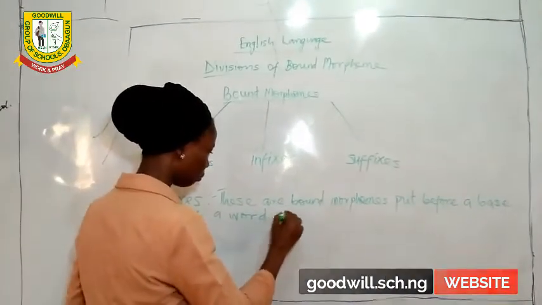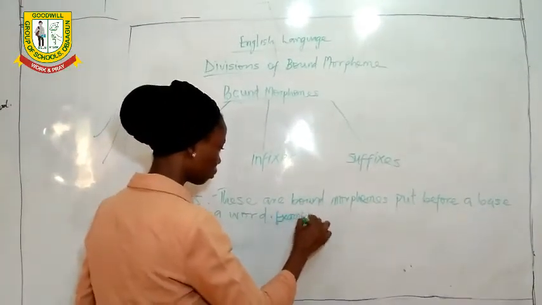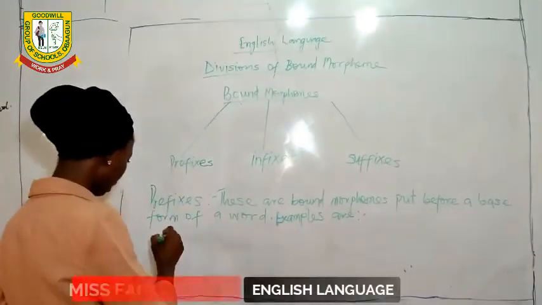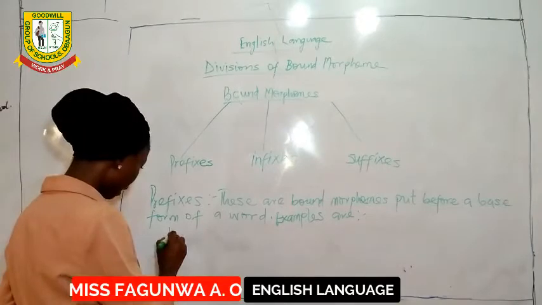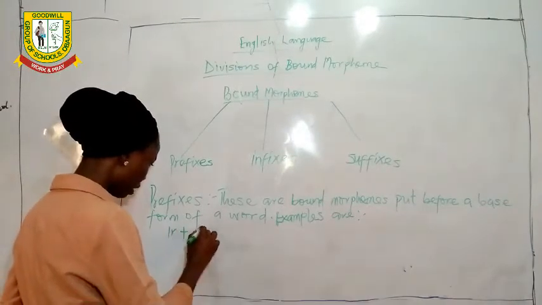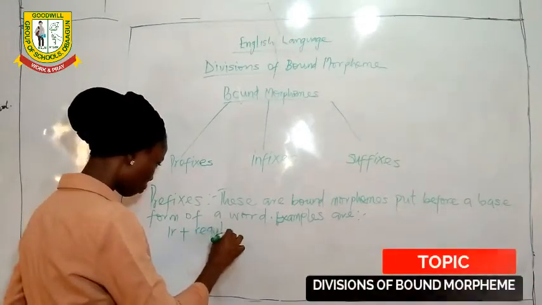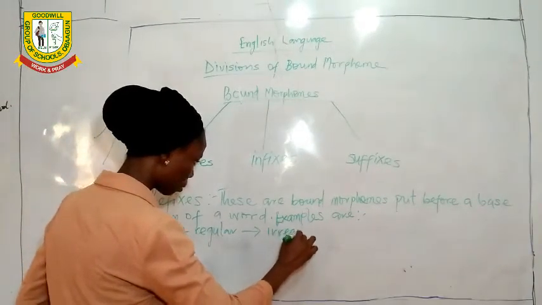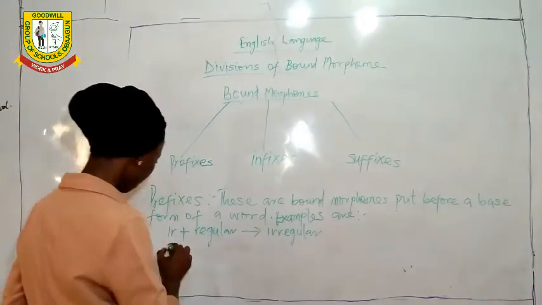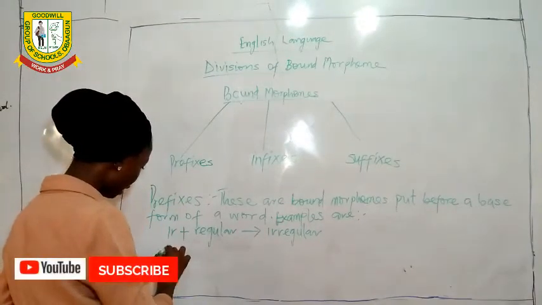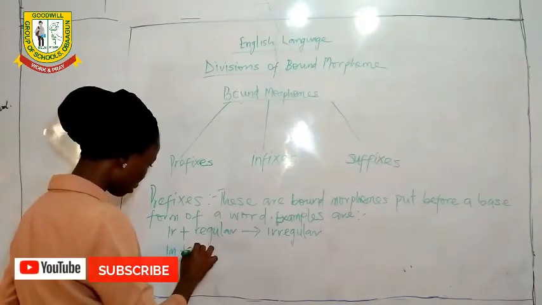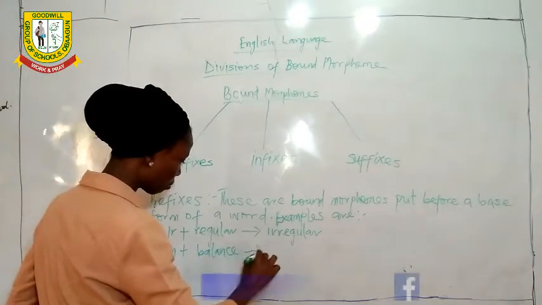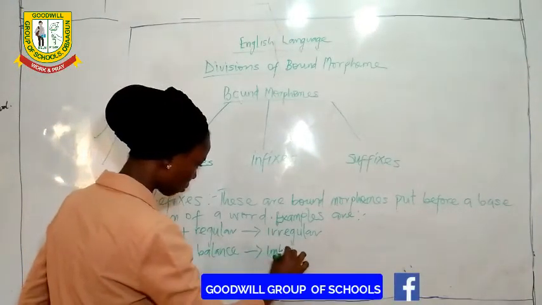Examples are: ir plus regular gives us irregular. We have im plus balance, we have imbalance.